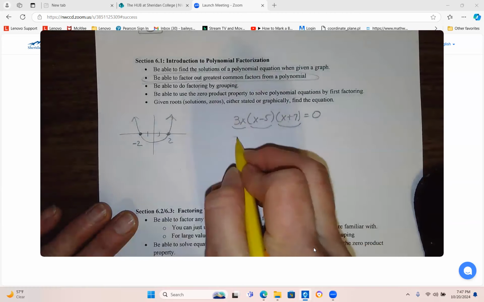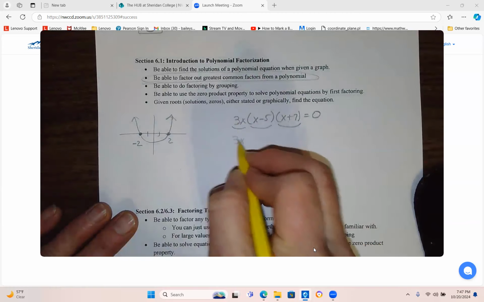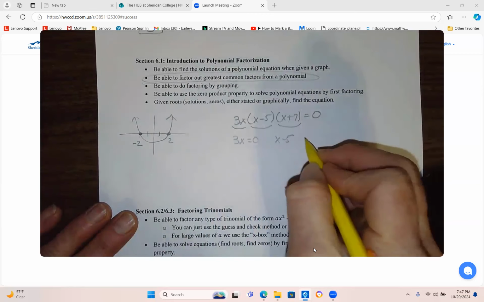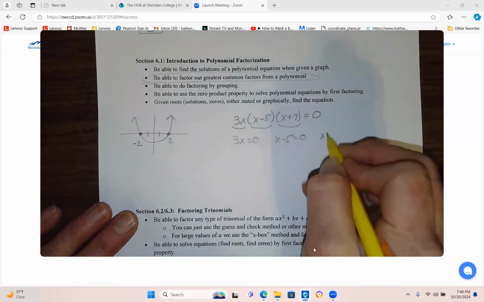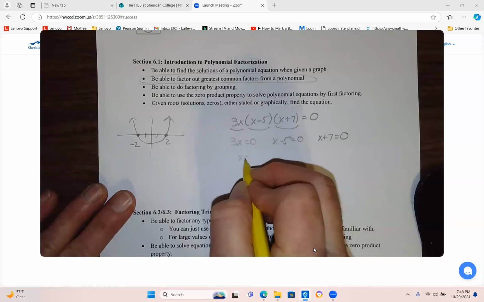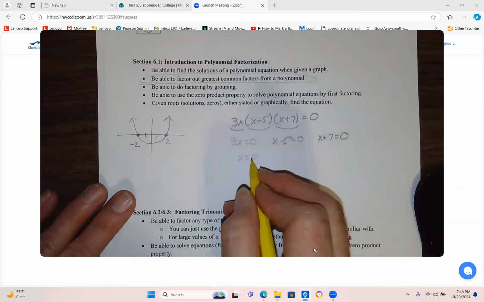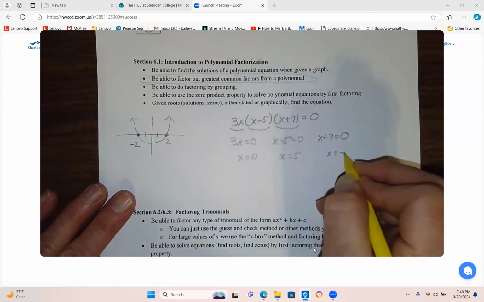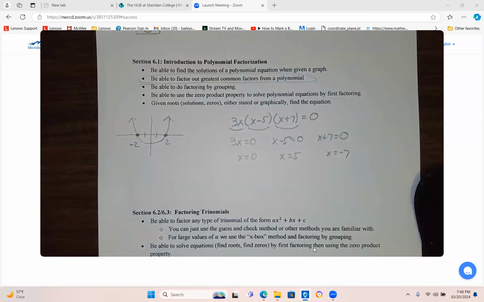You don't even have to put the 3 with this one if you don't want to. Only one of them has to be 0 to give you a product of 0. Divide by 3. 0 divided by 3 is 0. Add 5. Subtract 7. So those are your 3 solutions using the zero product property.